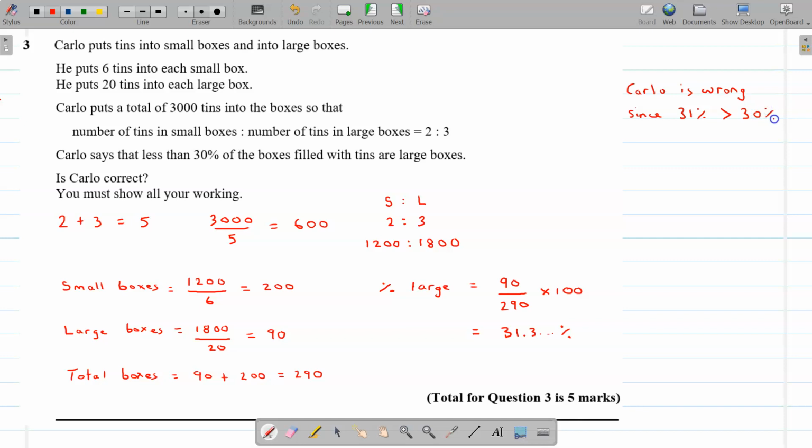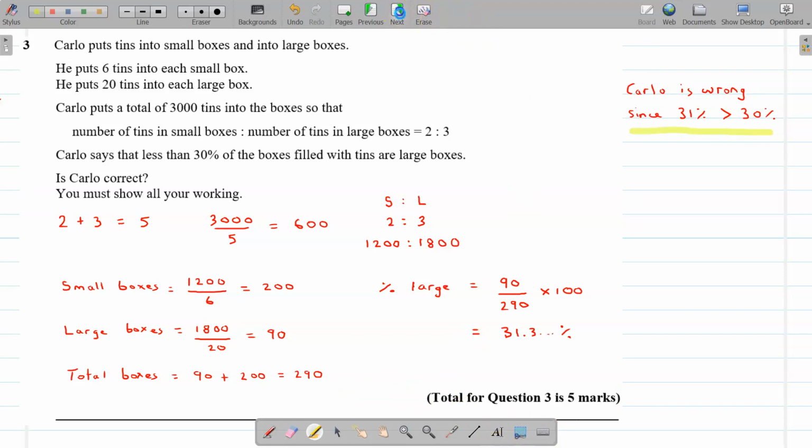In other words, we're doing some kind of comparison with the information that was given to us. So that would be my conclusion. Not just Carlo is wrong, full stop. That isn't sufficient. You've got to have reasoning and evidence with your conclusion like that.